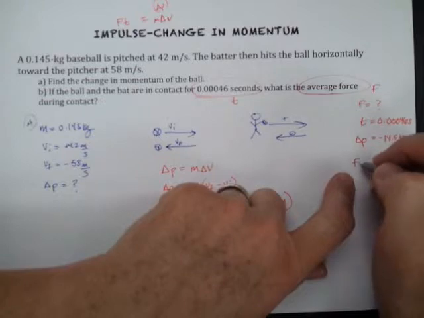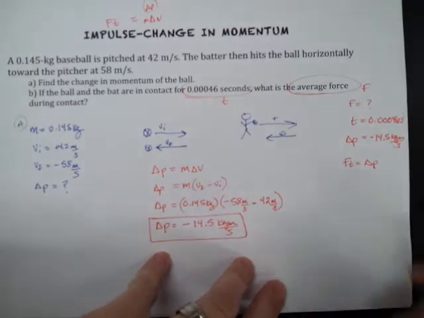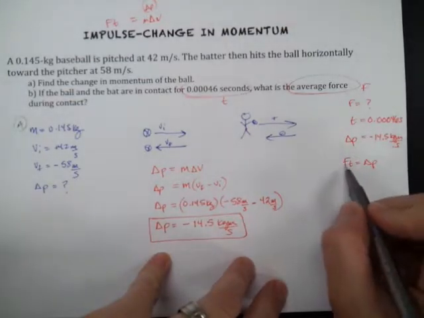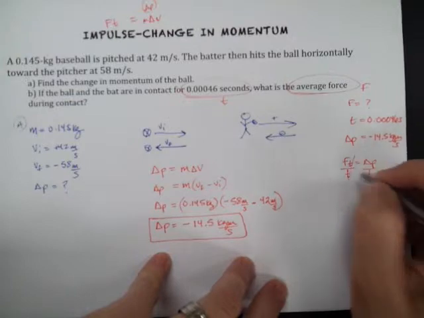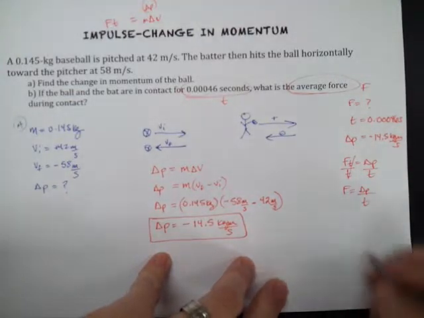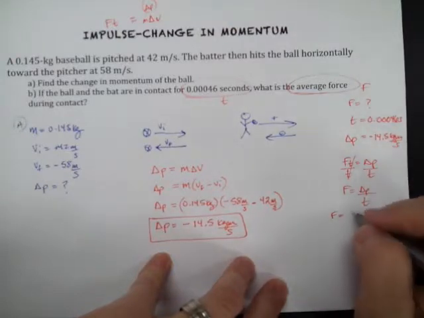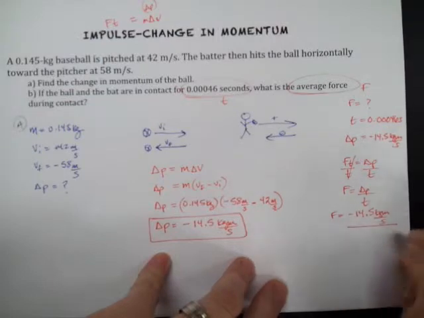So we're going to say Ft equals change in P. So we're looking for F, so we isolate it, divide T on both sides. So we have force equals our change in P divided by T. F equals negative 14.5 kilogram meters per second divided by our time.